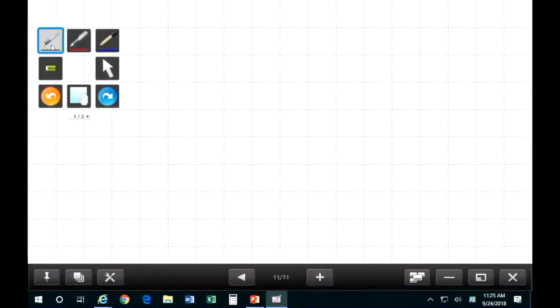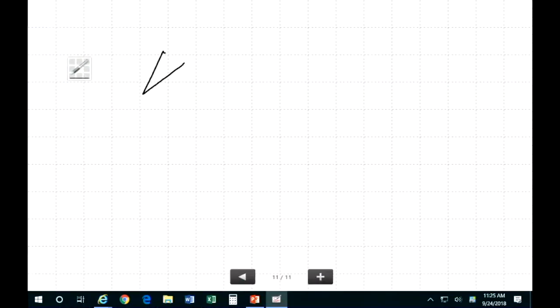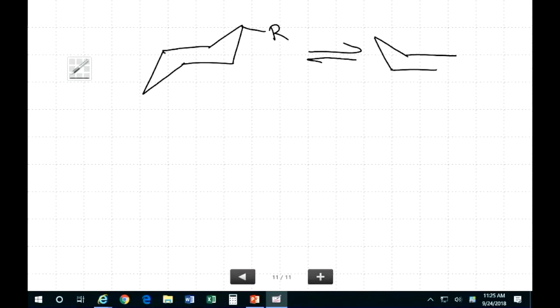All right, so right now I'm going to use R here. As we change what the substituent is on our ring, we change the ratio of our conformations.